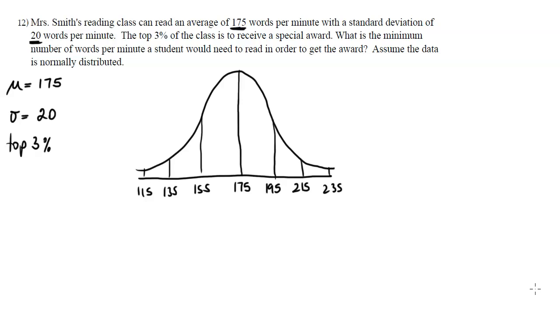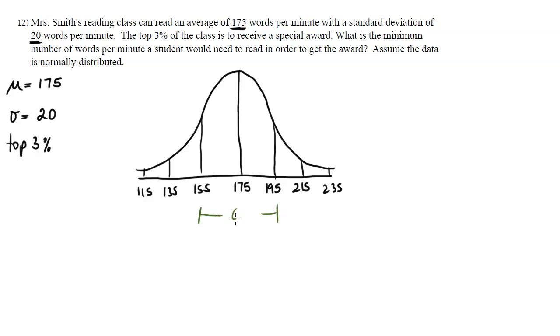right? So this doesn't give us any information about the top 3% or anything like that, right? What it does tell us is that one standard deviation away from my mean in this interval here, this is just some extra information I'm giving you, right?